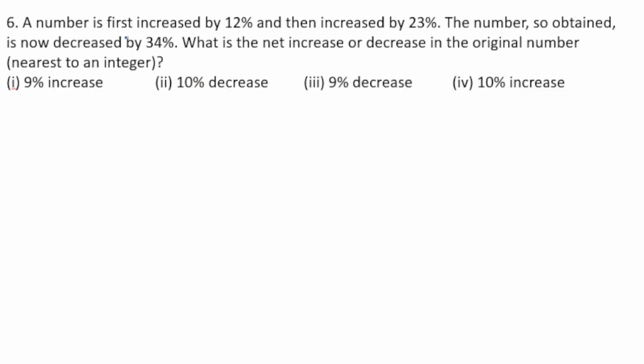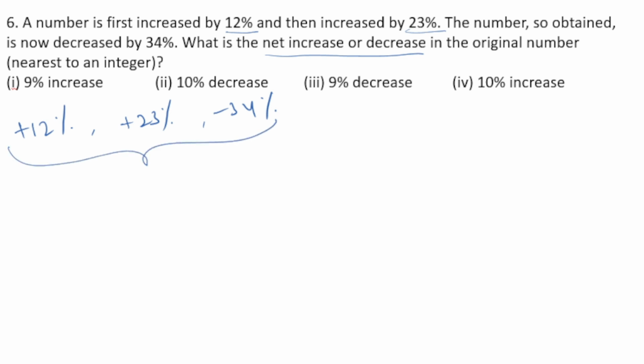Next one. A number is first increased by 12% and then increased by 23%. The number so obtained is now decreased by 34%. Okay, what is the net increase or decrease in the original number? We have to find the net increase or decrease when these three changes happen.